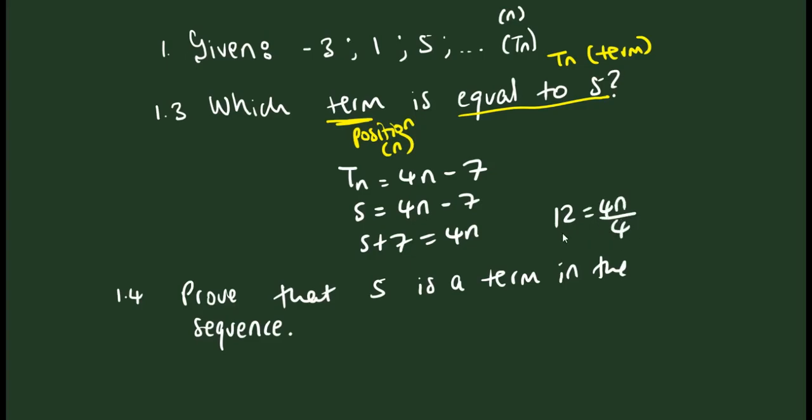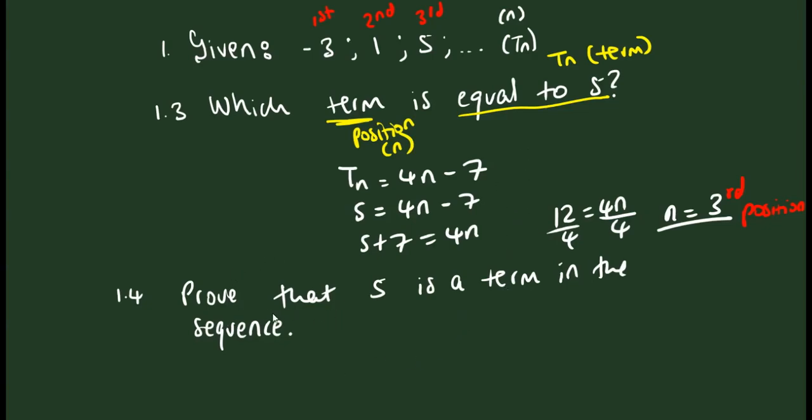When you divide by 4, your n will be equal to 3, which means the term that is equal to 5 is in the third position. That's why your n = 3. And it's true, 5 is in the third position, this one is in the second position, this one is in the first position. You see that? So that's how you easily answer that question.